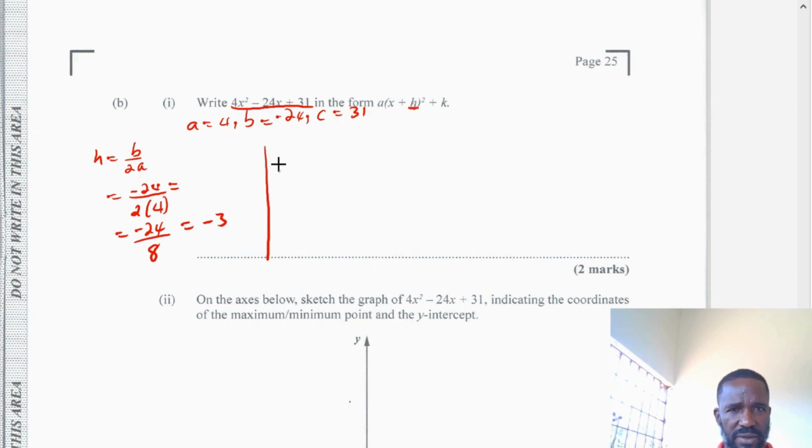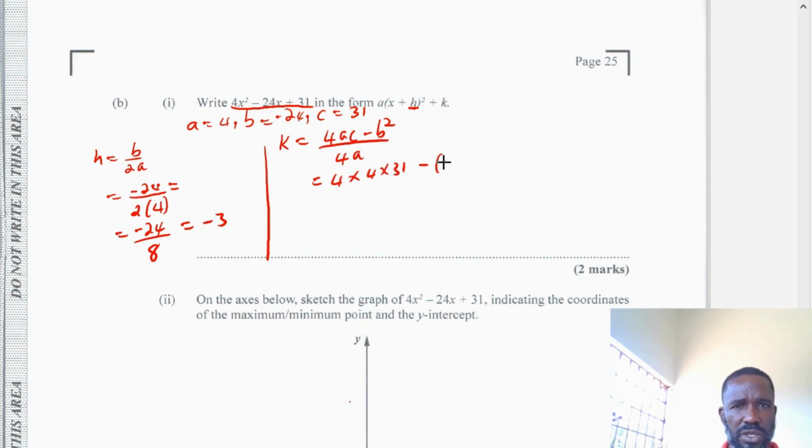Our k value is always equal to 4ac minus b squared over 4a. So if we want to look at that value, it's 4 times a, which is 4 times 31, minus negative 24 squared, all over 4 times 4.